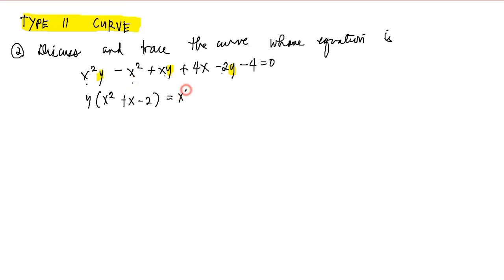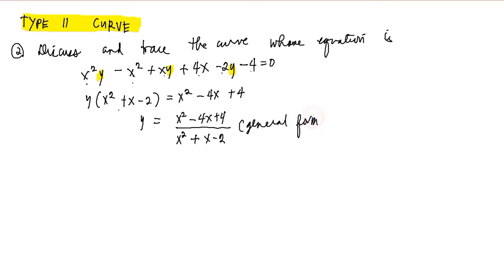So, this would be x squared minus 4x plus 4. So we have here y is equal to x squared minus 4x plus 4 over x squared plus x minus 2. And this is now our general form of our equation.